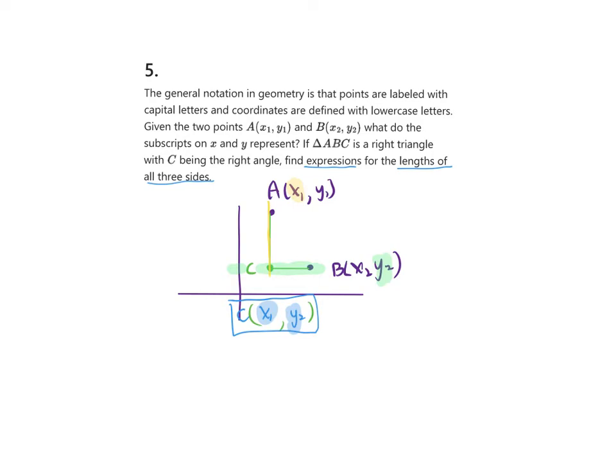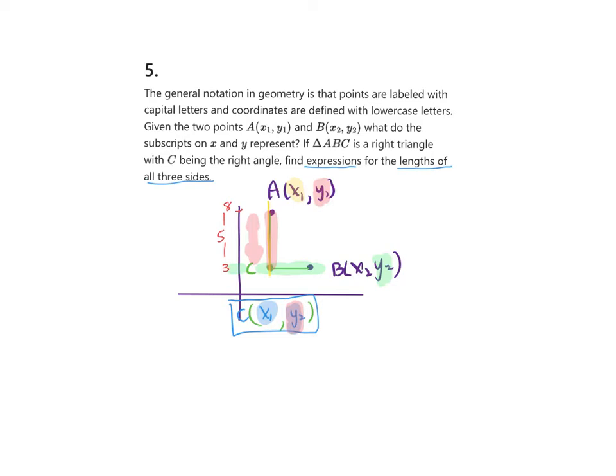So let's do that. This side here, let me see, they have the same x value. They're just going up and down. It's going from y sub 1, let's say, down to y sub 2. So we can actually subtract numbers to find that answer. Like if this were, let's say, going from 8 to 3, we can subtract to know that the distance is 5.